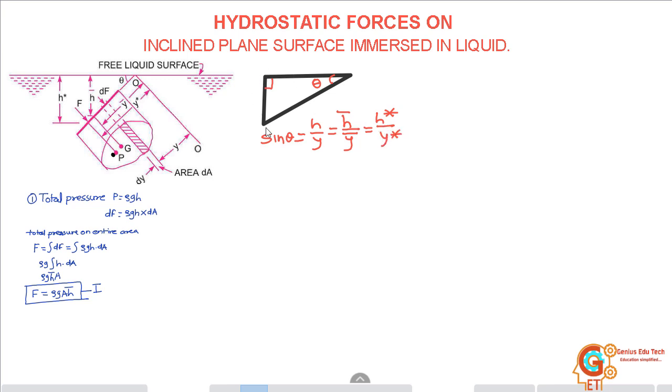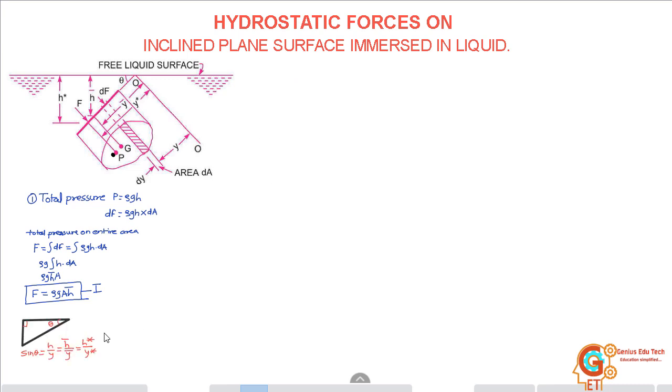So we'll keep this for our reference. From the figure we can write for equation 1, F is equal to rho g A, and instead of writing h bar, I'll write it as y bar sine theta.